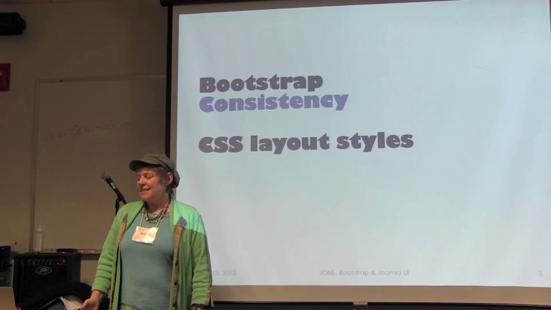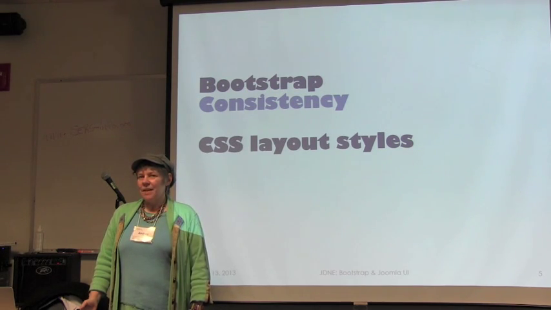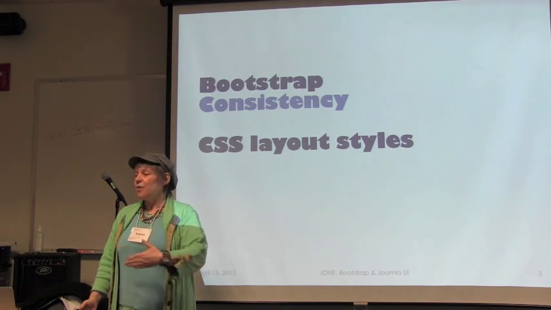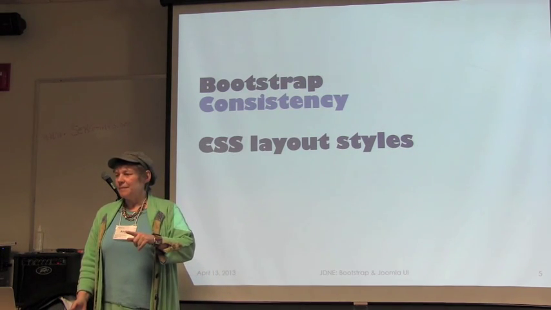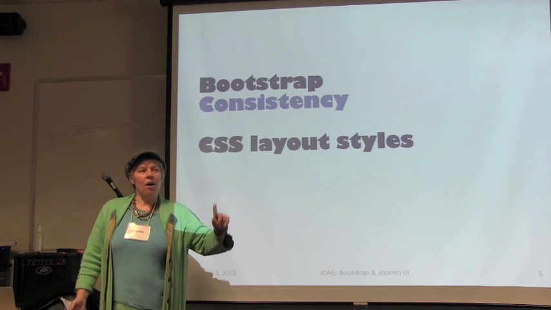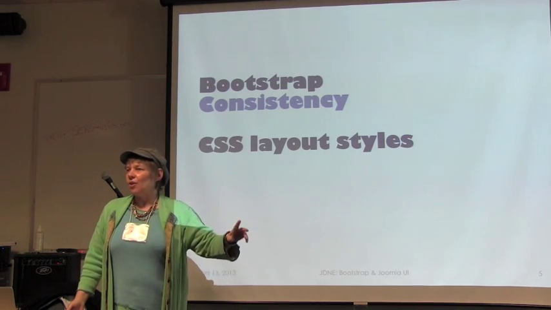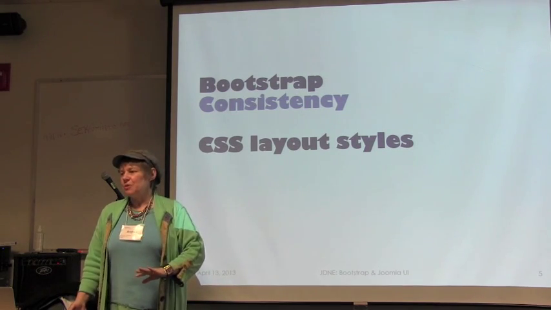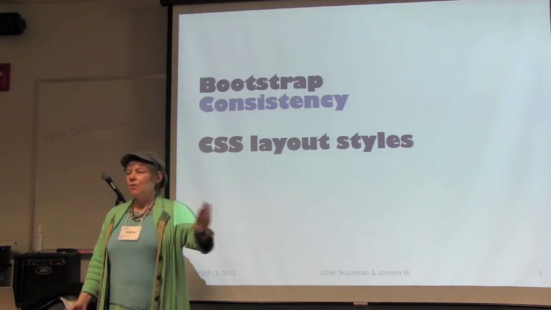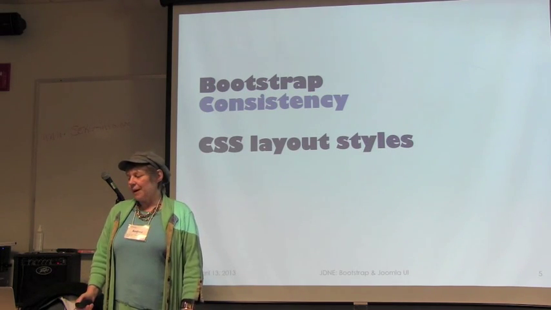These layout styles give certain things as to how you do it, but you can overlay them, and then that will overlay all of the templates or all of the extensions that are also using Bootstrap. So you can define it once and it will cover everybody.